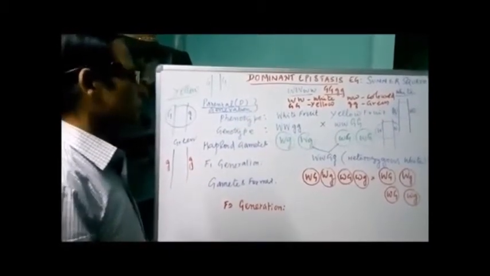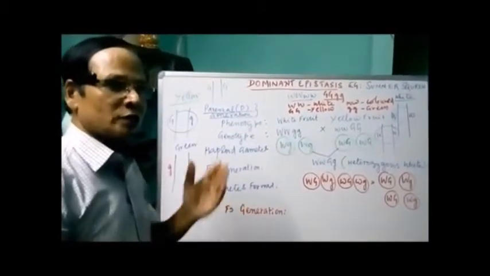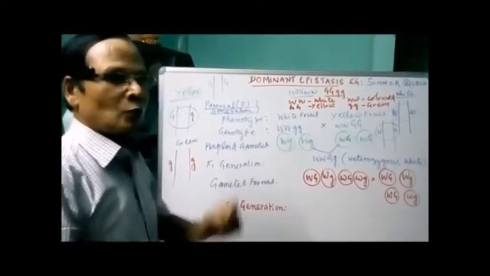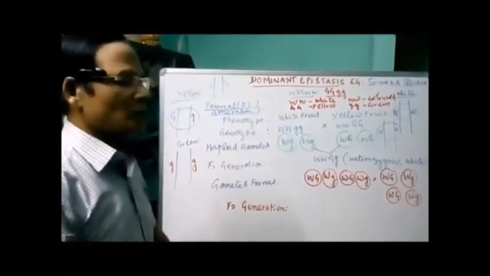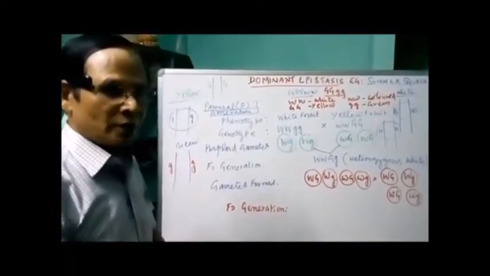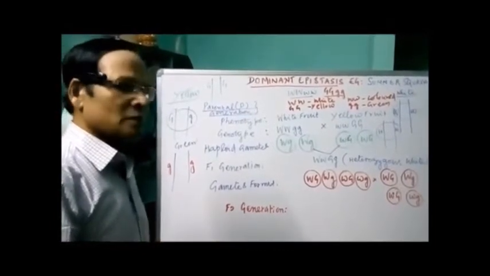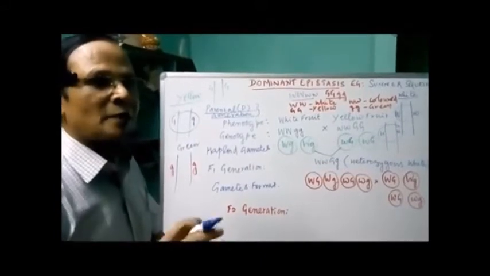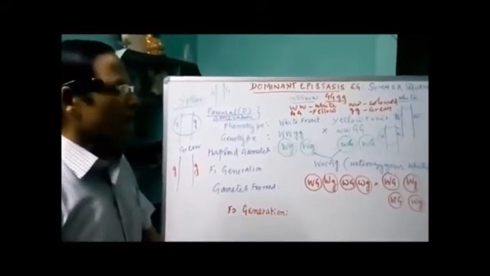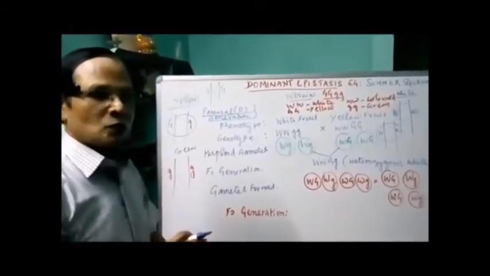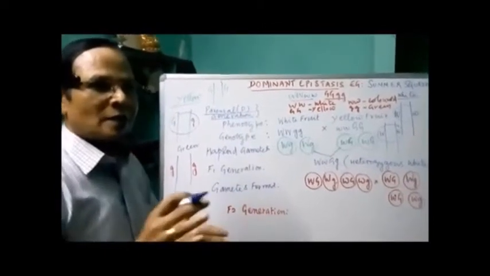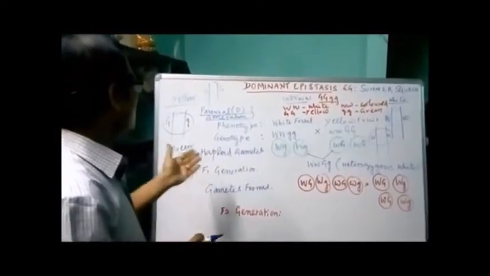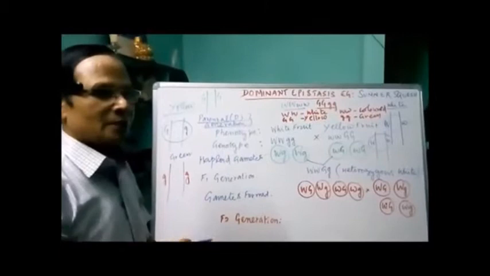I'll repeat once again: a pair of alleles of a gene W at one locus interferes with, masks or suppresses the phenotypic expression of another pair of alleles of a gene located at another locus. That is called dominant epistasis.